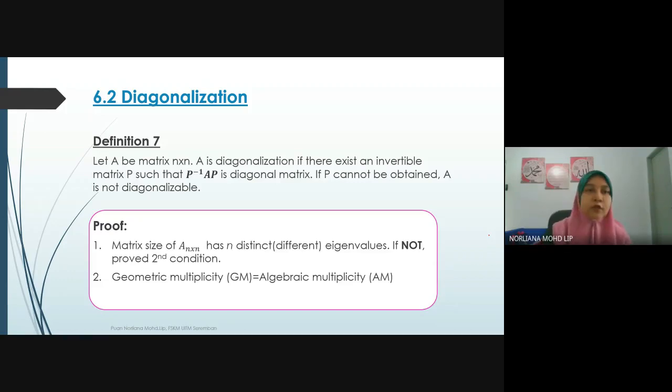Okay, the objective of this subtopic: at the end of this subtopic, you should be able to determine whether a square matrix A is diagonalizable or not, and obtain the invertible matrix P that diagonalizes A, and last one, obtain the diagonal matrix D, where D equal to this one.